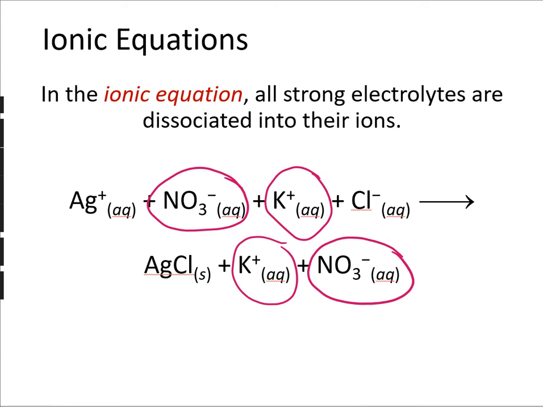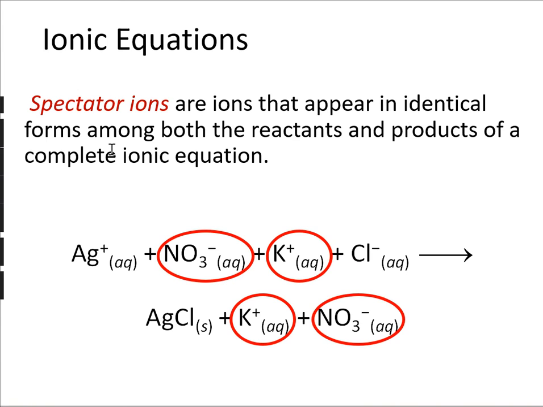And again, we know this is both sides of the reaction because we have our reaction arrow. To the left are our reactants, to the right are our products. So because we have identical ions on both sides of the reaction, these are known as spectator ions. Spectator ions mean that they are present, they're spectating, but they're not really participating in the overall reaction.